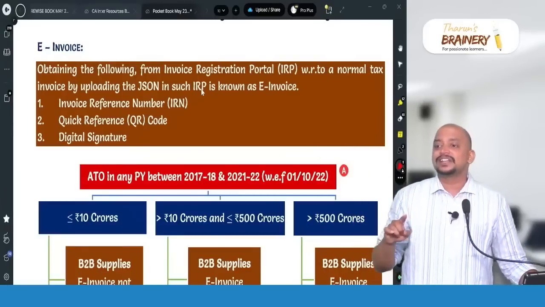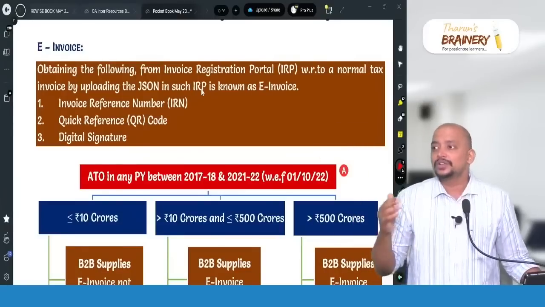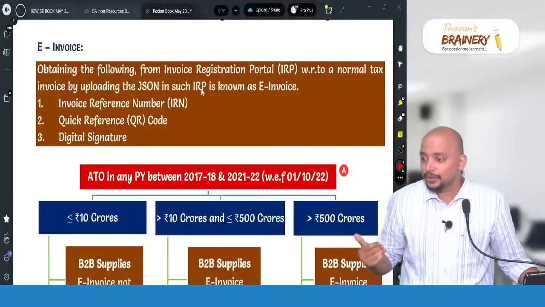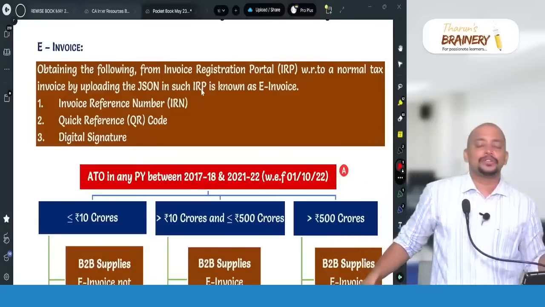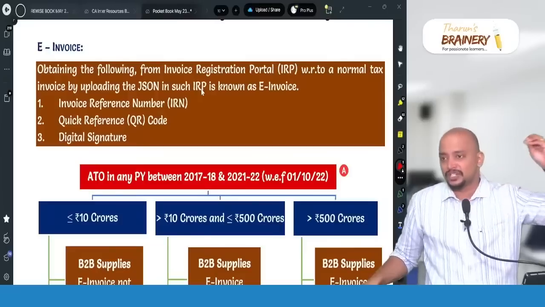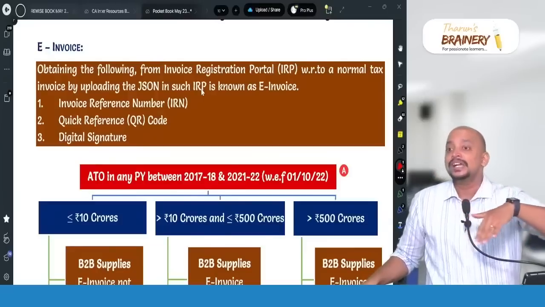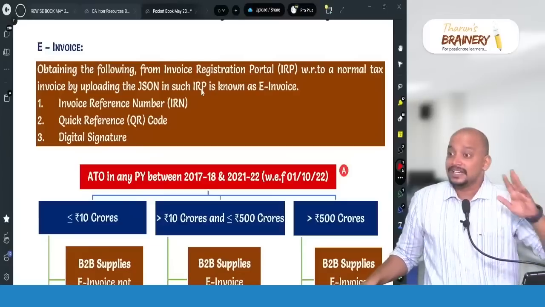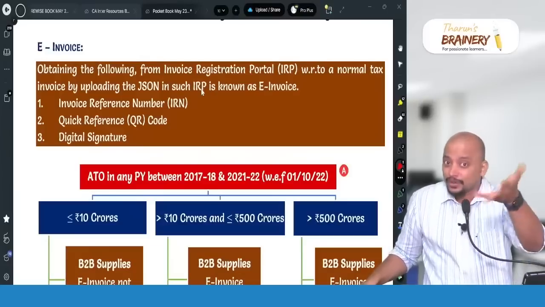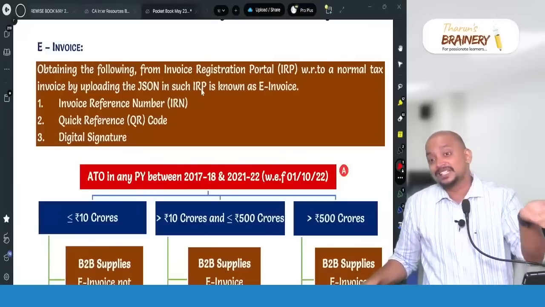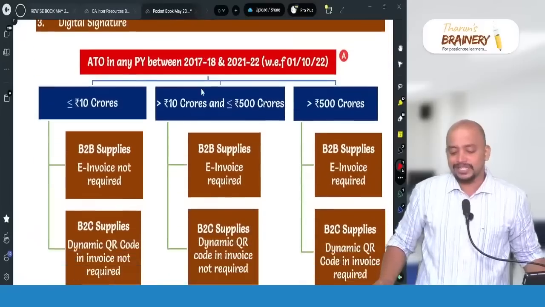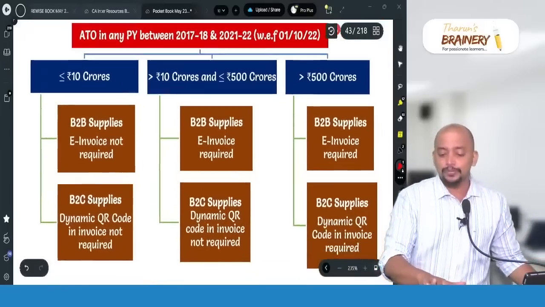Previously the limit was 20 crores; now it has been revised to 10 crores. So if the aggregate turnover during any previous year from 2017-18 to 2021-22 does not exceed 10 crores, there is no need to give an e-invoice. Only when it exceeds 10 crores, an e-invoice is required in case of B2B supplies.